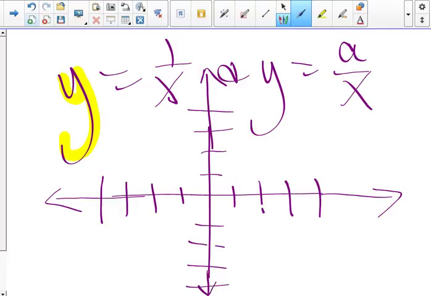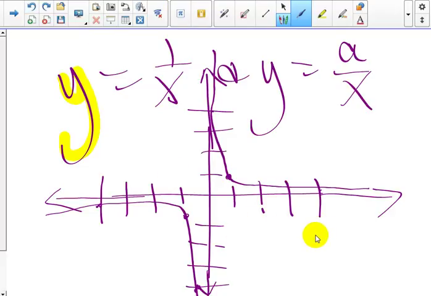The parent function is going to be at 1, 1 and negative 1, 1, and by 4 it's going to be really, really close to the axis. So that's crudely drawn in there. There's my parent function.